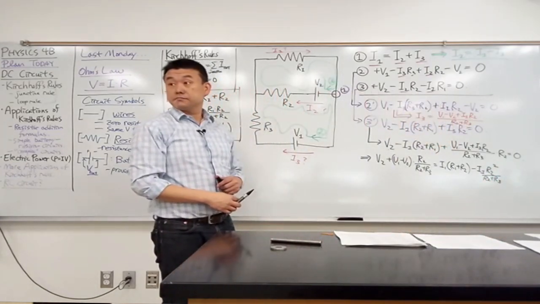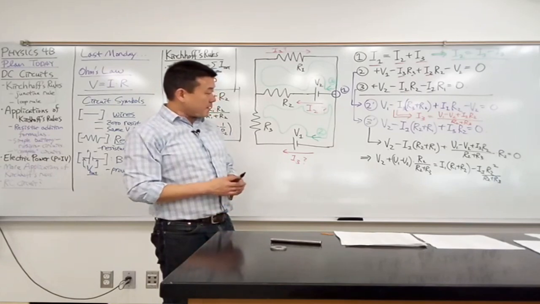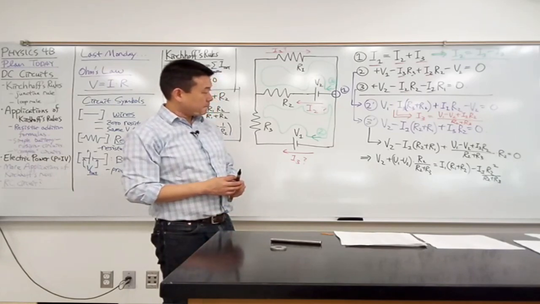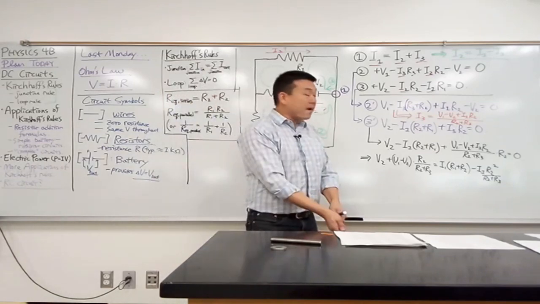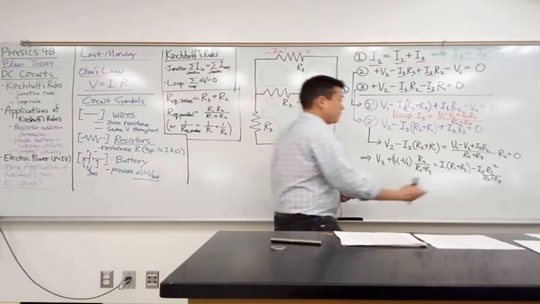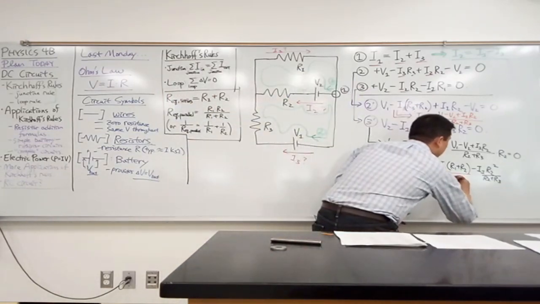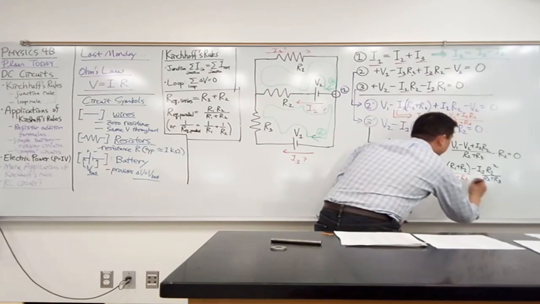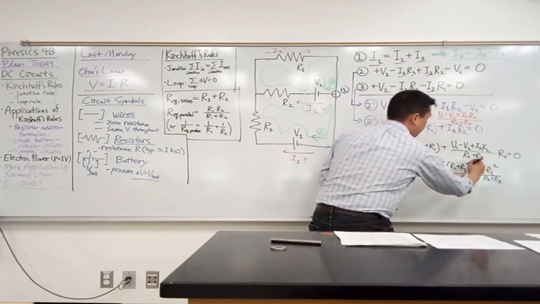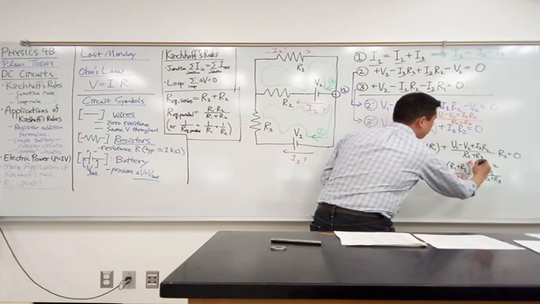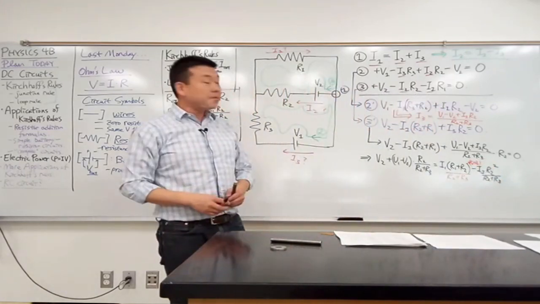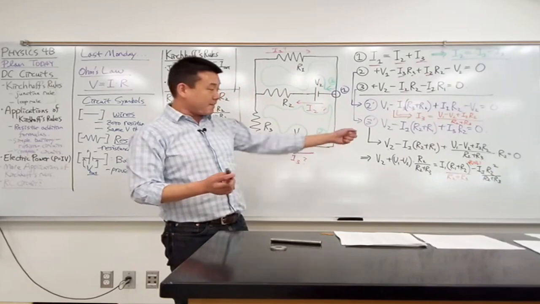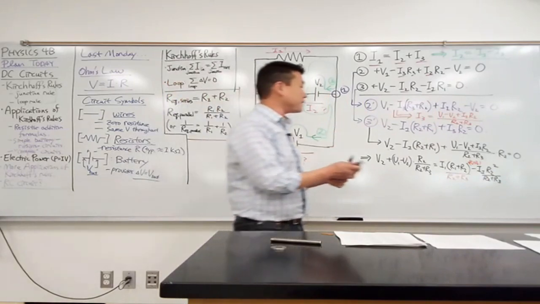Good? I can actually simplify this a little bit. If I combine the denominators, make them share the same denominator, R2 plus R3, then I have to multiply this by R2 plus R3. Believe it or not, that will actually simplify things a little bit. Let me write it out so that you can see what simplifies.